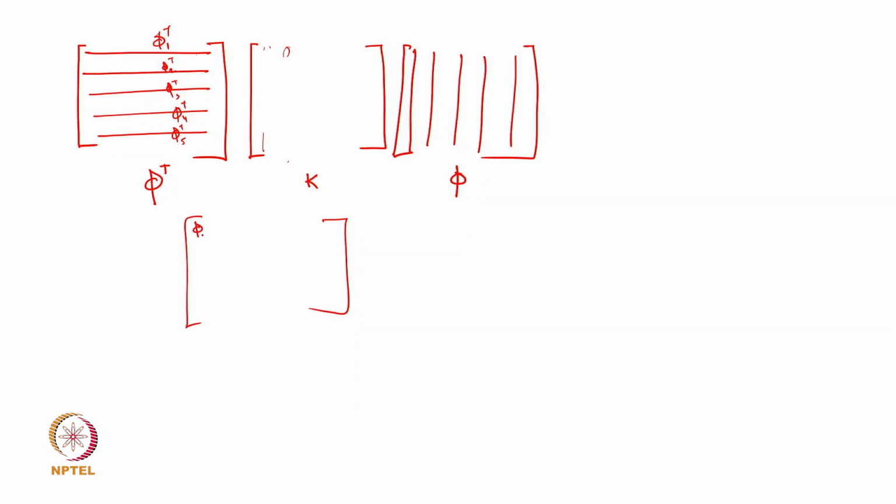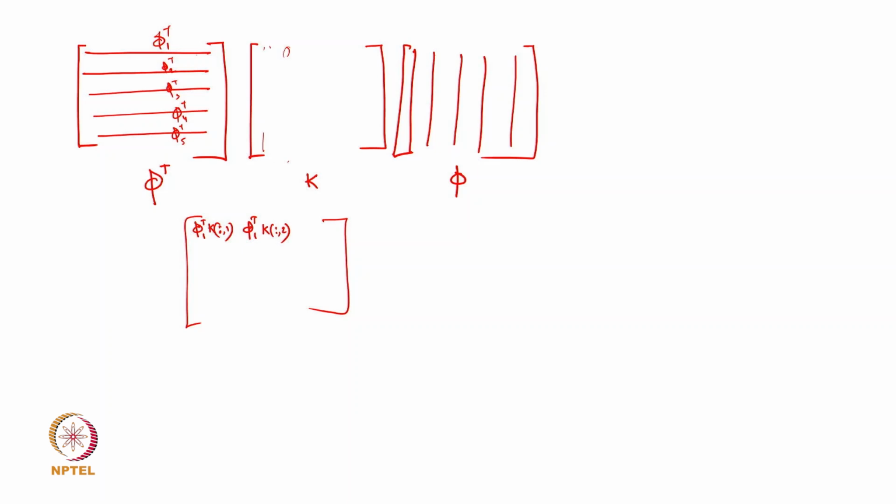So here I will get phi 1 transpose with K full column, means something is there, that is a full column. Then the next one will be phi 1 transpose with K full second, like this way it will happen.